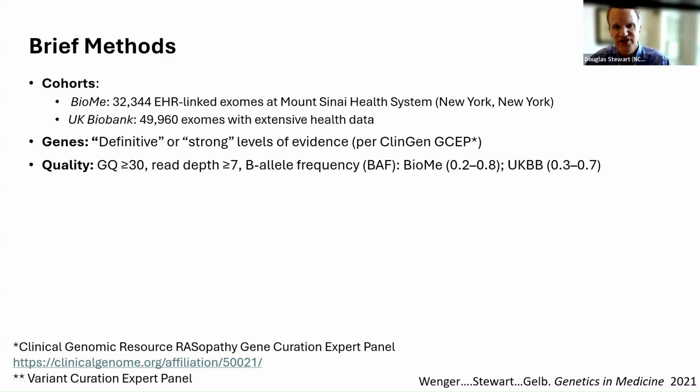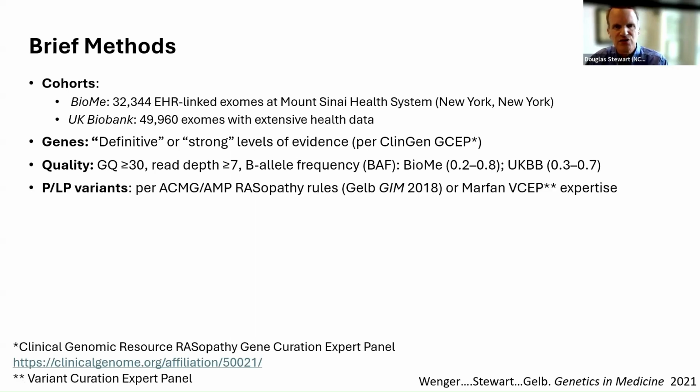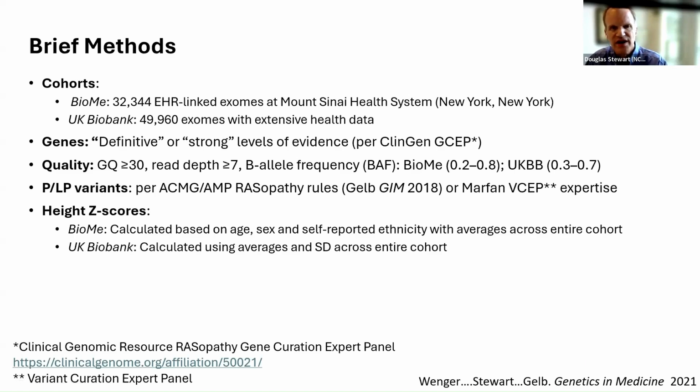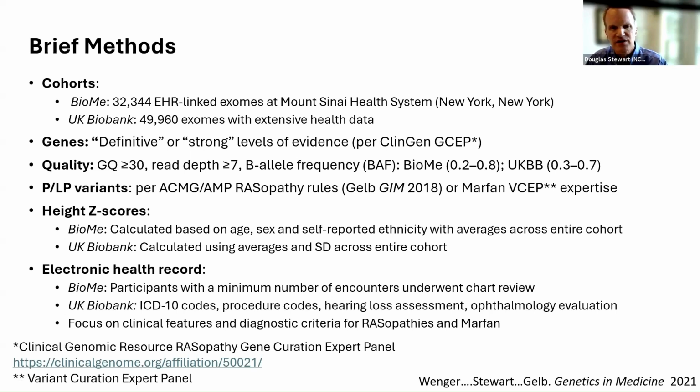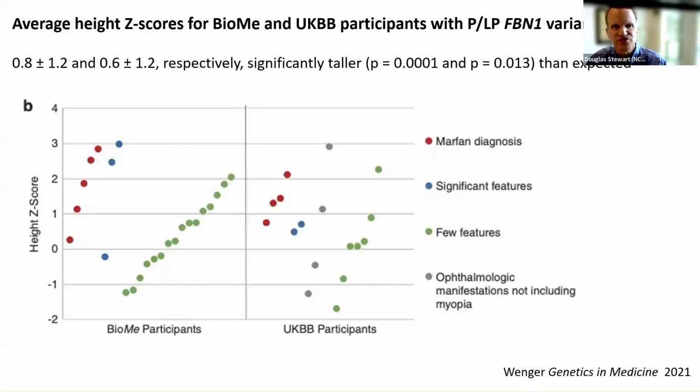And we used fairly standard filtering criteria to identify variants, and then identified pathogenic and likely pathogenic variants per the ACMG AMP RASopathy rules that Bruce was instrumental in writing, or using the Marfan variant curation expert panel classifications. And then we looked at heights and used z-scores, and then pulled some data from the EHR about diagnosis and other phenotypic features.